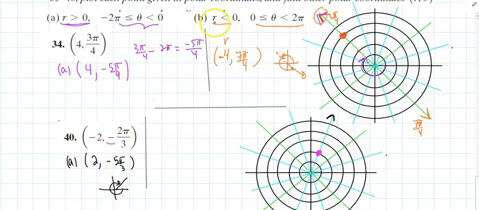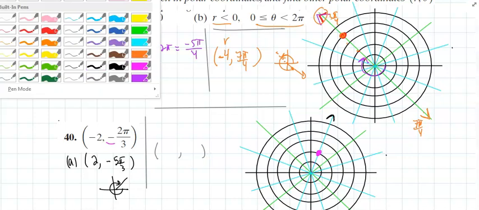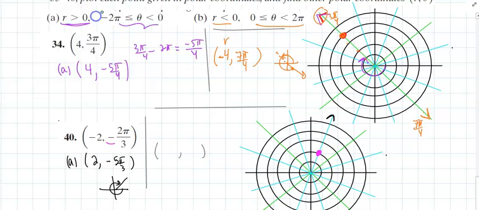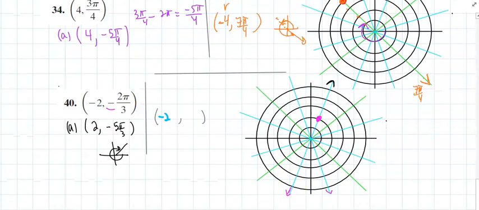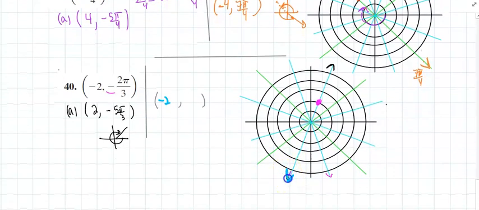And if they want r to be negative, shouldn't I be pointing in the opposite direction of the original?